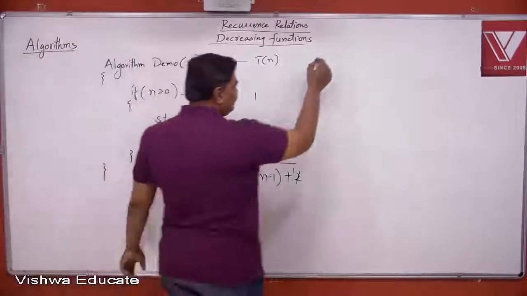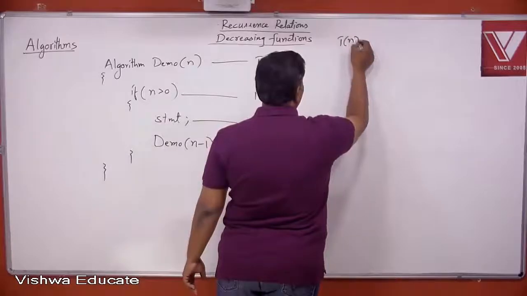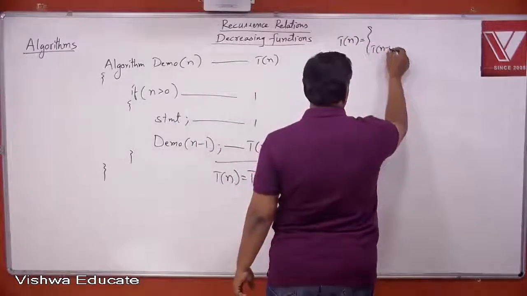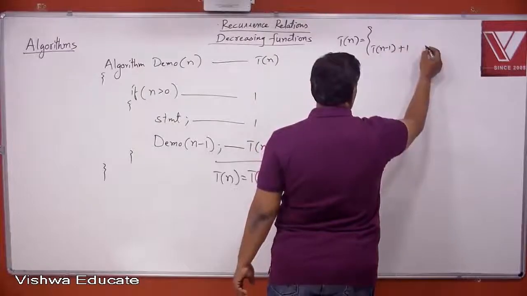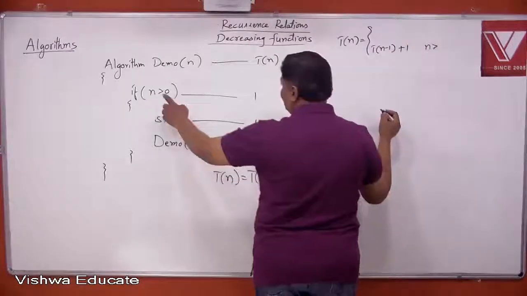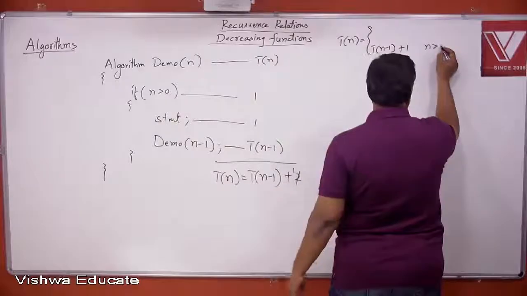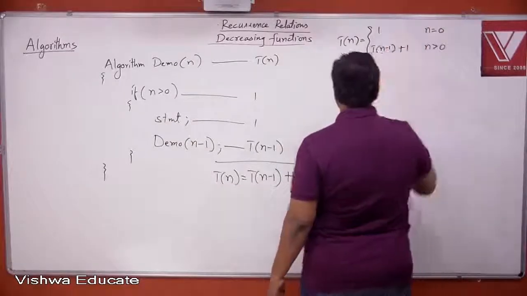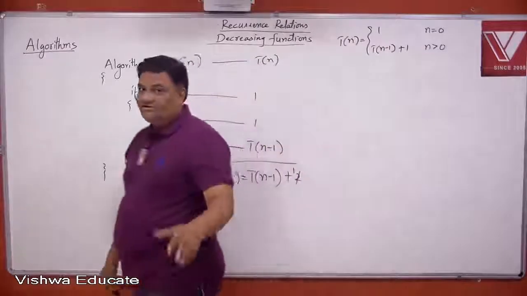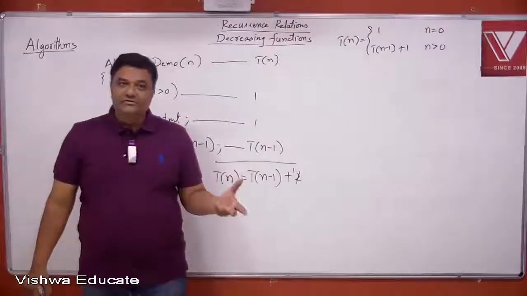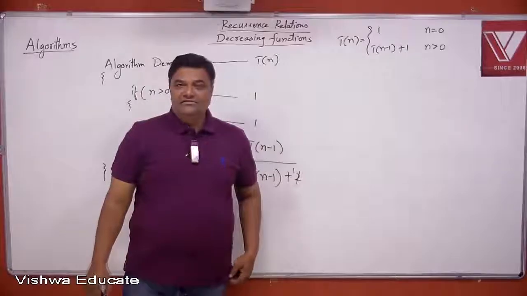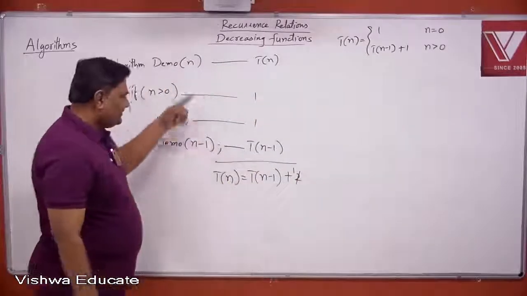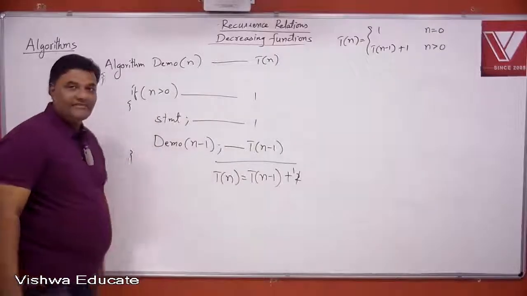Then the recurrence relation is Tn equals Tn minus 1 plus 1 for n greater than 0. If n is equal to 0, it is not doing anything, so we don't say 0, we say constant. That is the recurrence relation for this algorithm.